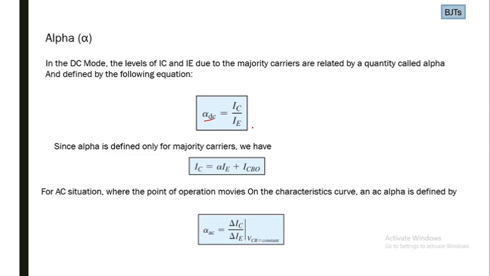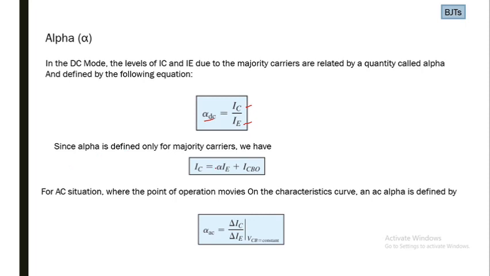As you must have seen, IE is the input current and IC is the output current. So this is actually the current amplification factor, alpha equal to IC over IE.